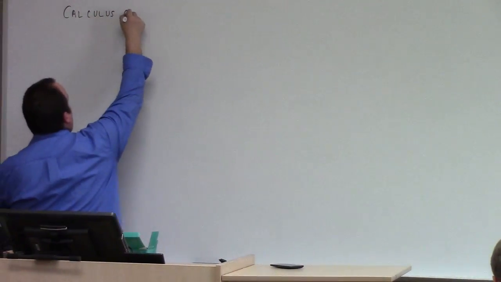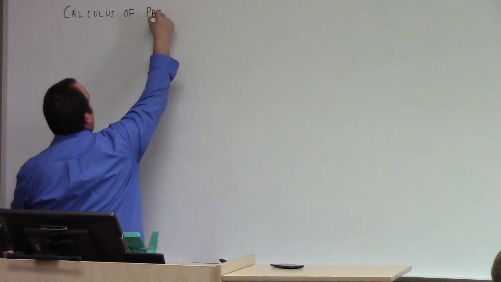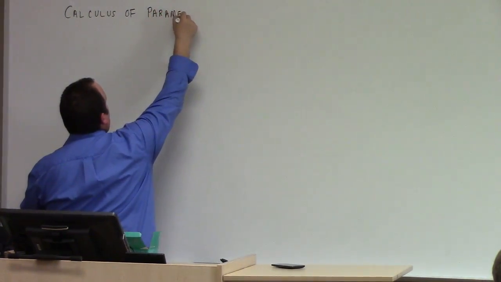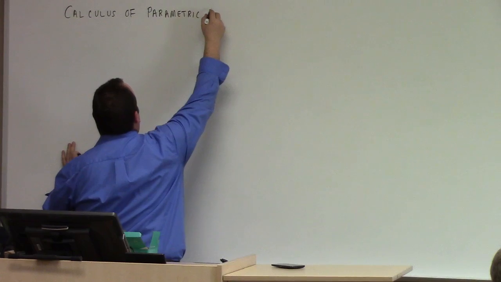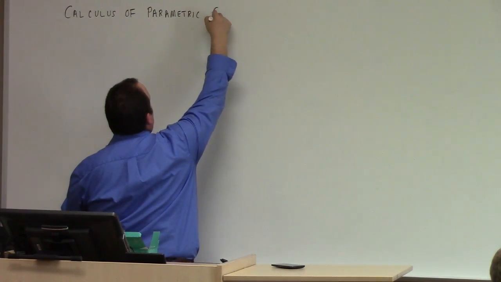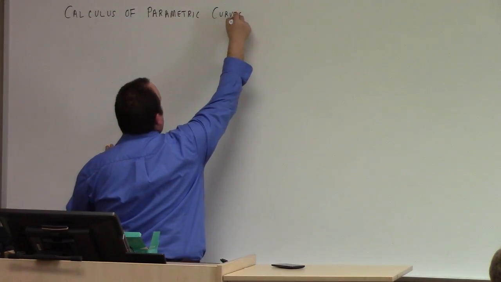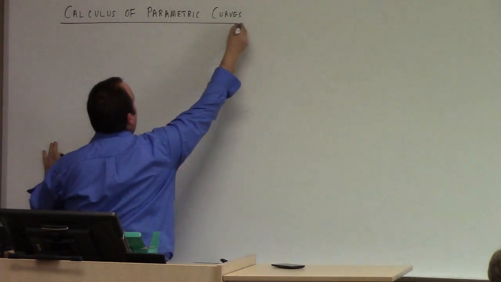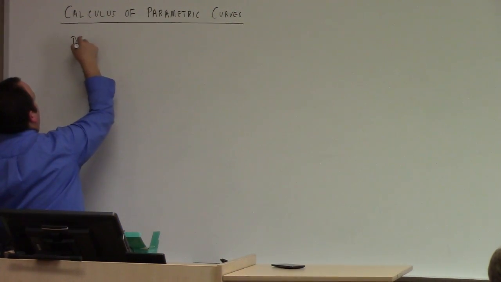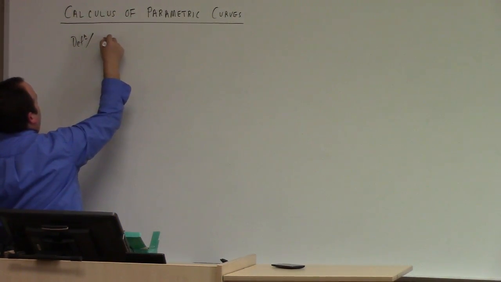Okay. So let's continue talking about the calculus of parametrized curves. So I have a few different things I want to talk to you about today. Parametric curves. So the first thing, definition.